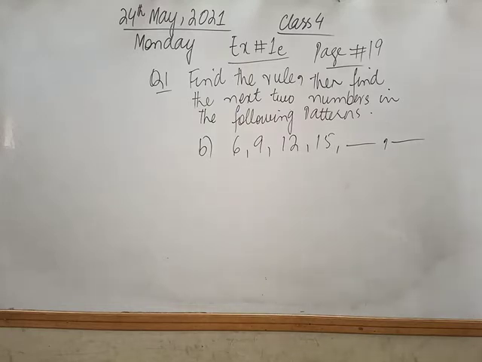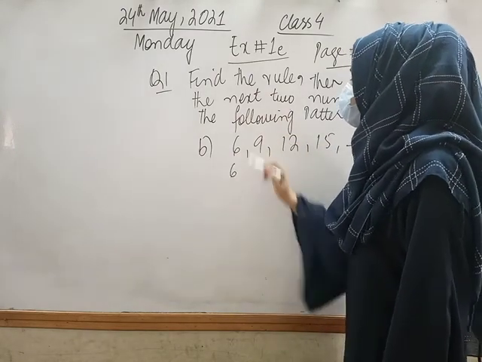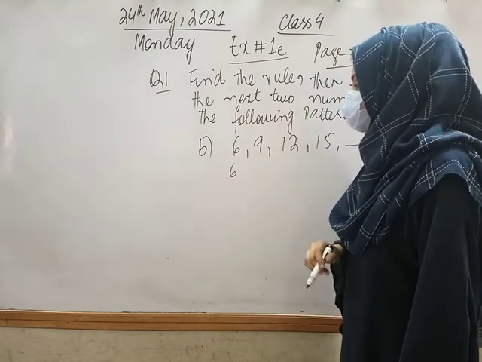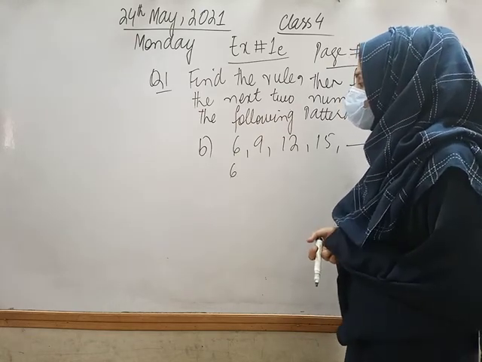Which operations do we use if the order is ascending? Plus and multiplication. Okay, so we will check first of all by addition. So we have the first term, which is 6. Isn't it, class? Yes, Hanan, you tell me.